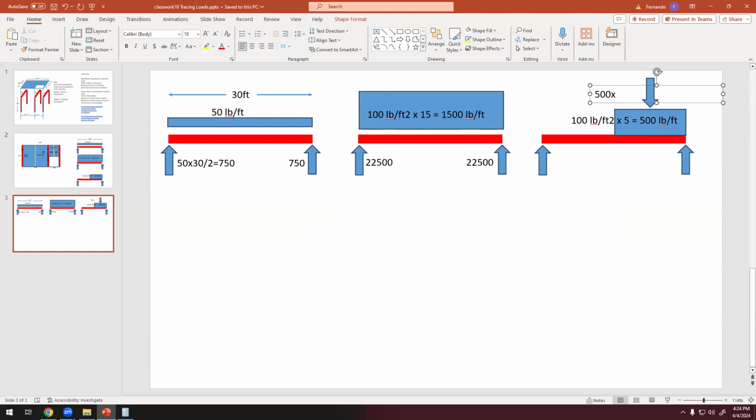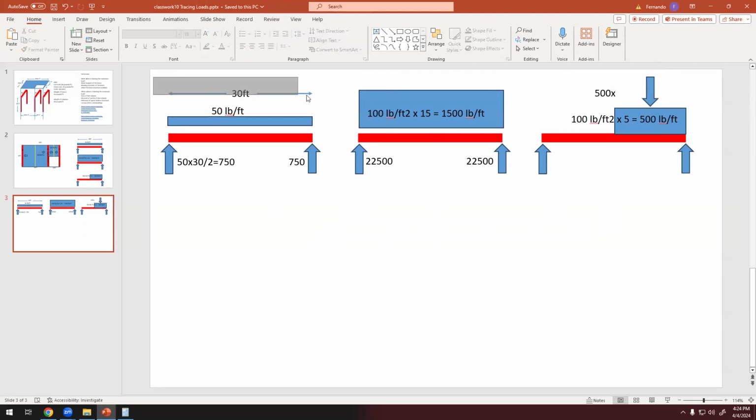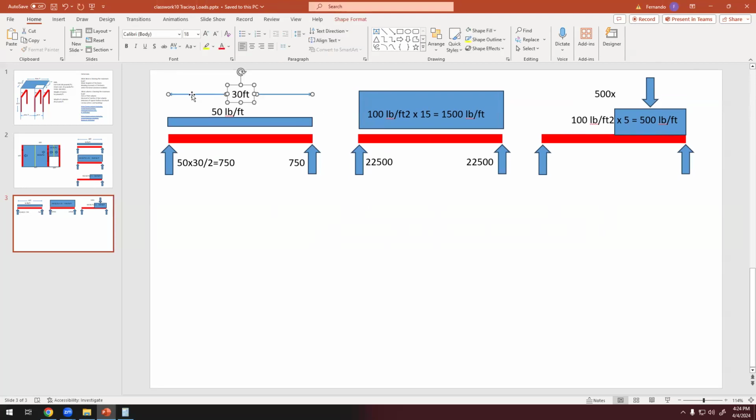And the distance is 15, so that distance would be 15 feet.